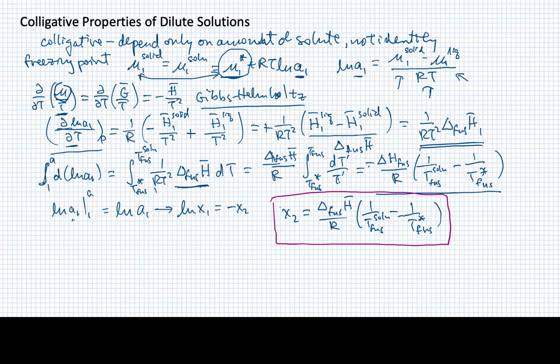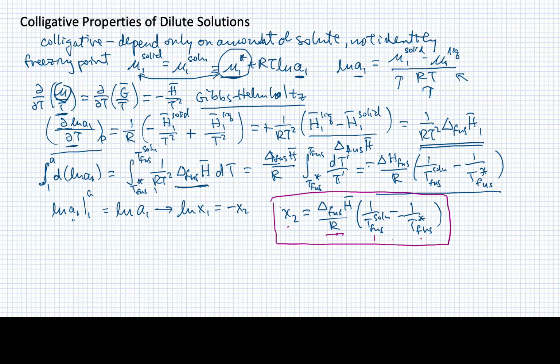Okay, what does this tell us, though, about the relative temperature of fusion for the solution versus the temperature of fusion for the pure substance? Well, this is a positive quantity, the mole fraction x2, and this is a positive quantity, the delta H over R. So both of these are positive, so that means this must be positive also.